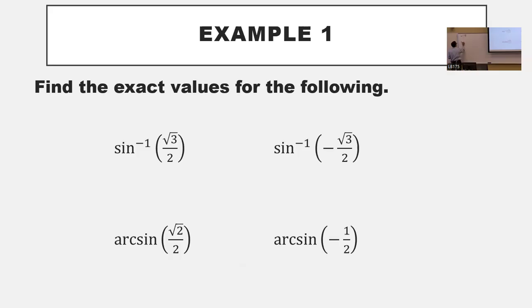And then sine inverse of negative root 3 over 2. We'll do the arc sine, which is the same thing as sine inverse, of a positive root 2 over 2. And the arc sine of negative 1/2.